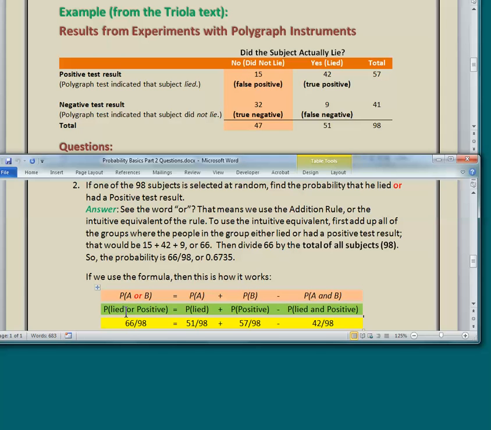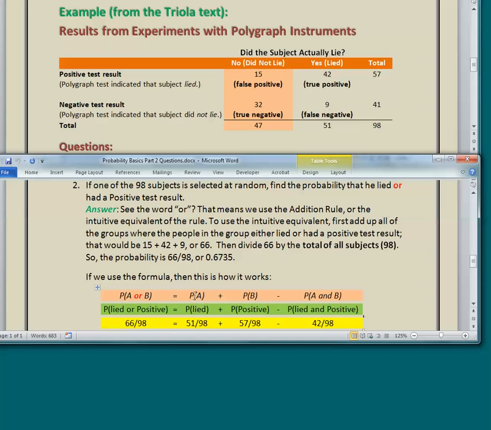So that's what we're interested in. So here's A, the probability that they lied. Here's the probability of B, the probability that they tested positive. Here is the probability that they lied and tested positive, that both things happened. Okay? Well, let's see what these numbers are. We're going to come to this at the end.